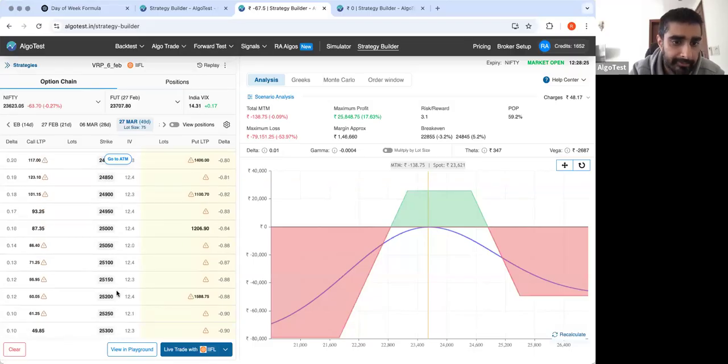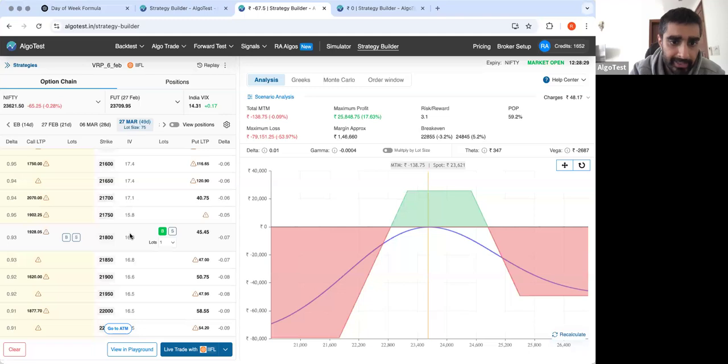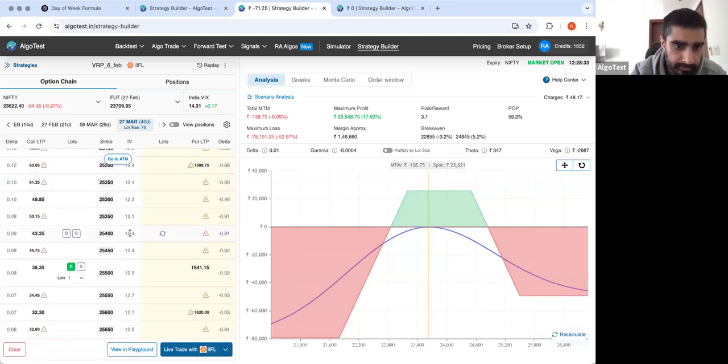The vols here are pretty high. You're paying like a 16 vol for this one. This is not that high a vol, but this is an artifact of the skew, but we're not going to go into that.